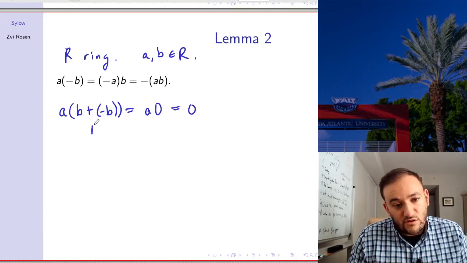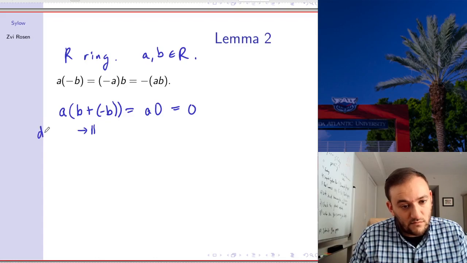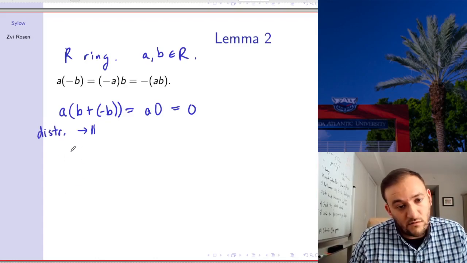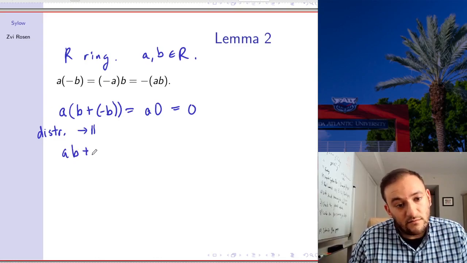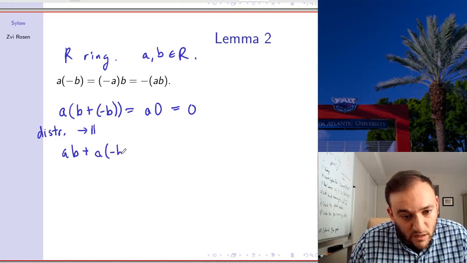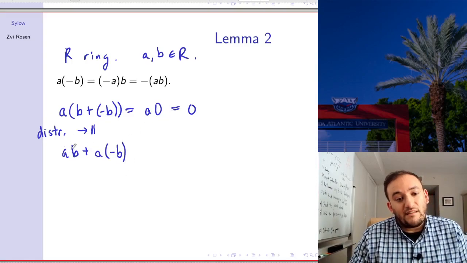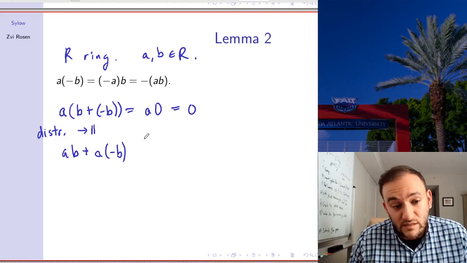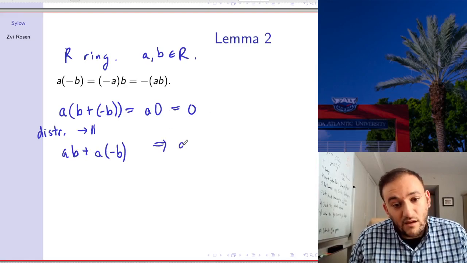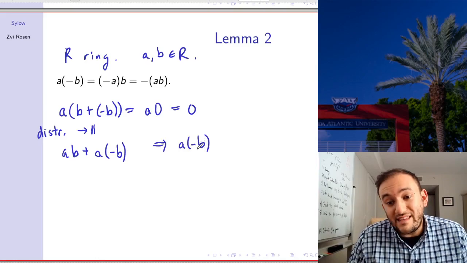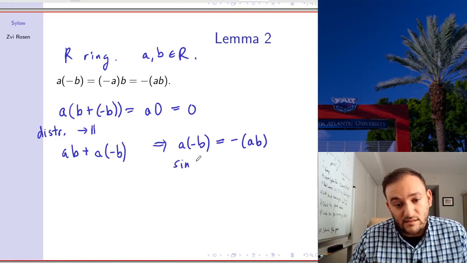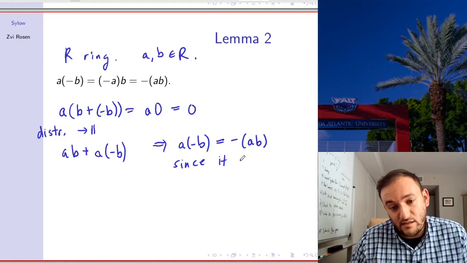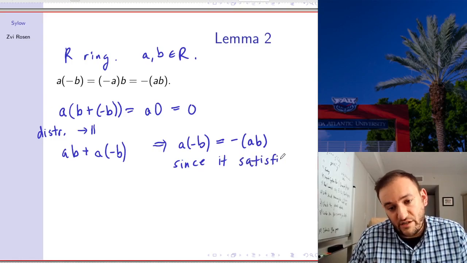Using the distributive property, this is equal to AB plus A times minus B. But the fact that AB plus A times minus B equals 0 means that A times minus B must be the additive inverse of AB, since it satisfies the property of the additive inverse.